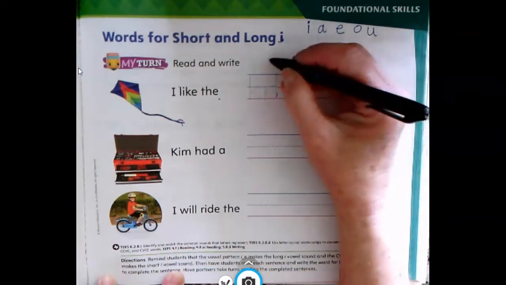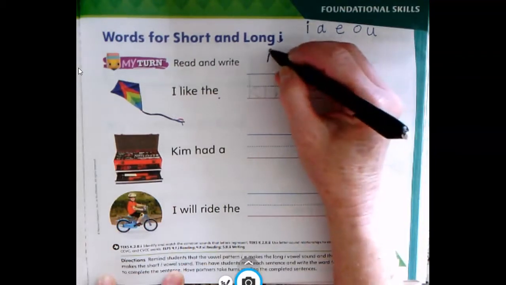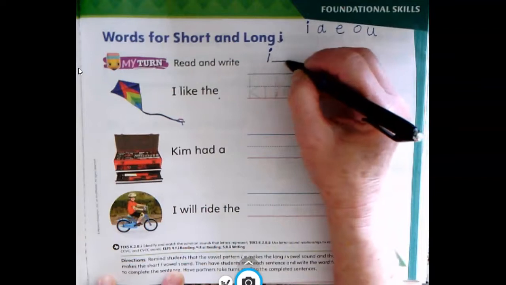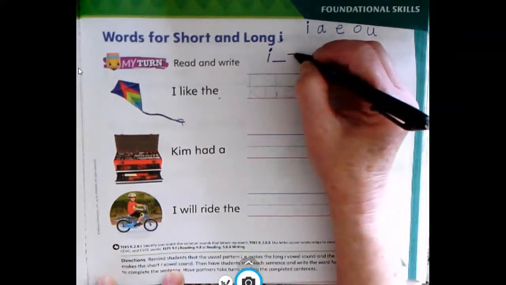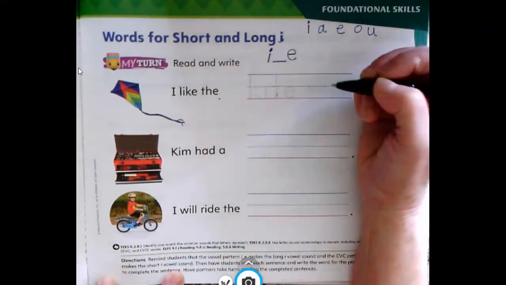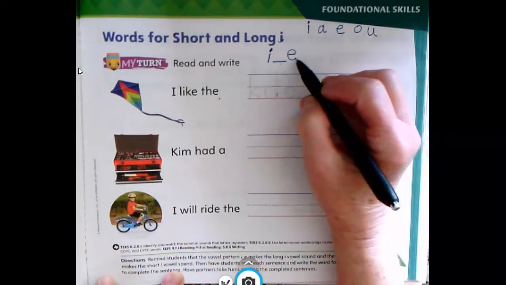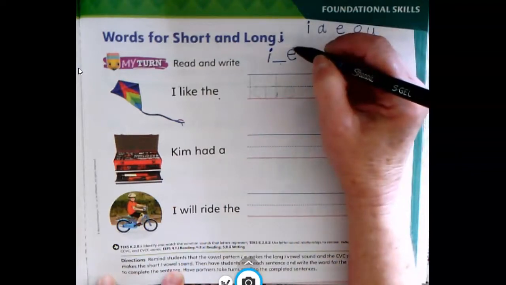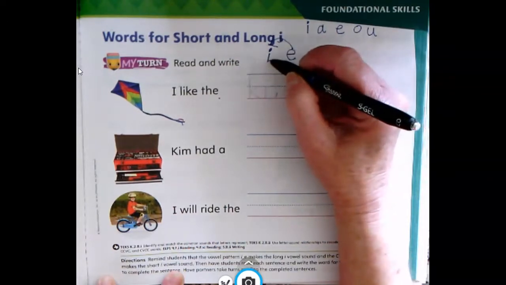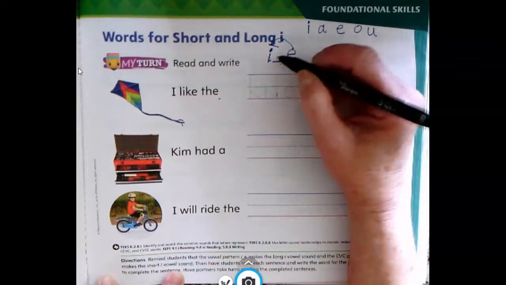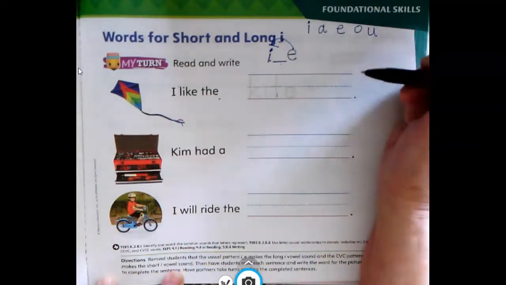The first vowel pattern is a vowel, in this case I, and then we have a consonant letter, any other letter that's not a vowel, and then the vowel E. Now in this pattern, I, consonant, E, the E at the end makes this vowel say its name, I. So this pattern gives us the long vowel sound, the long I sound.